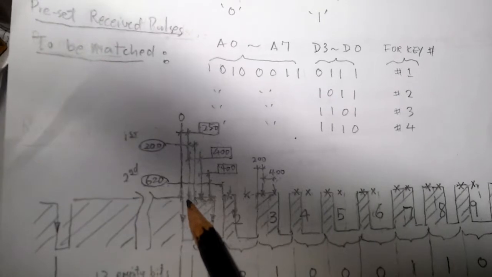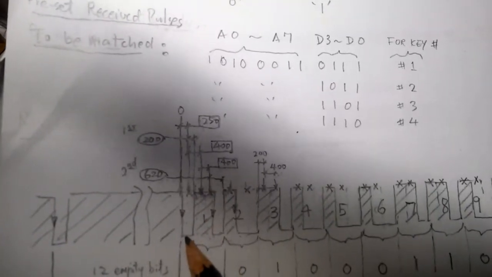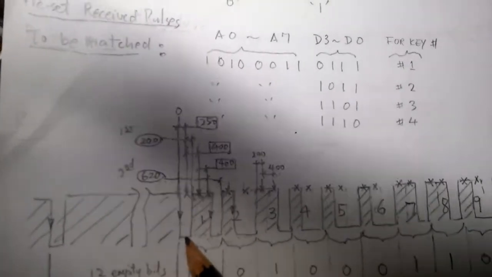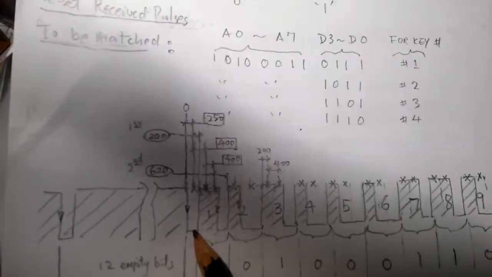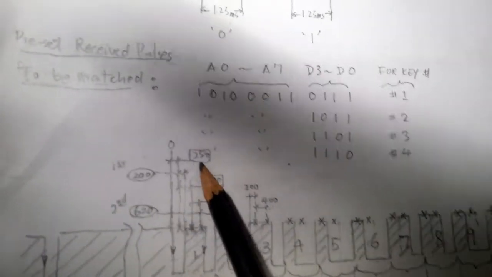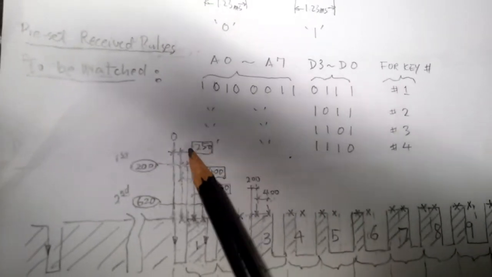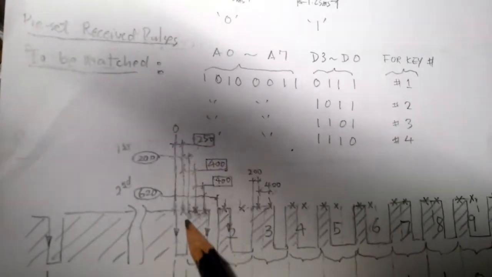So this checking point will identify that this is the lower level and this is the correct signal bit, and this point is 250. It's just an arbitrary value.